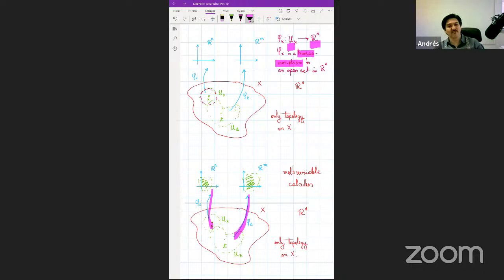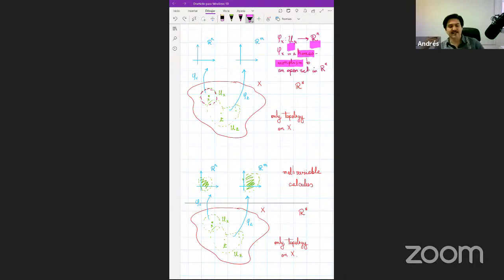They are homeomorphisms. Notice that I have a line here. Below the line, we have only topology. Okay? X is a topological space. The U's are open sets. And then I have the vertical arrows. Also, it's only topology. They are homeomorphisms.